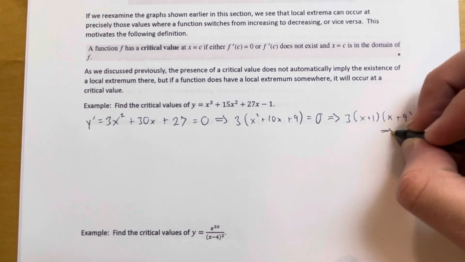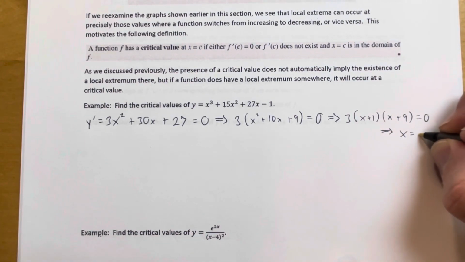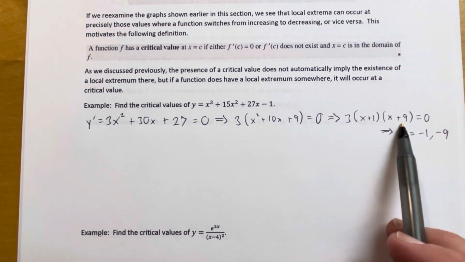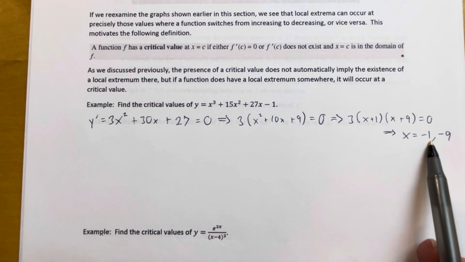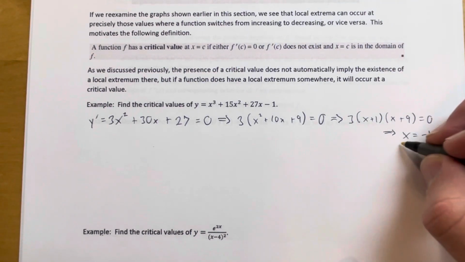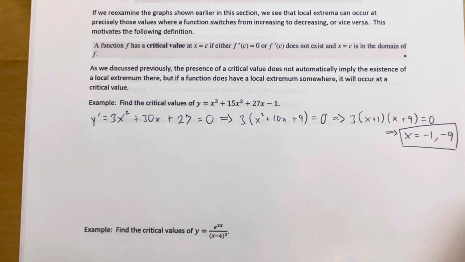So that means that the two values that I get from this are x equals -1 and -9, by setting each of these factors equal to 0 and solving for x. These are places where my derivative is equal to 0, which makes them critical points or critical values. Those are the only critical values that I'm getting out of this example.